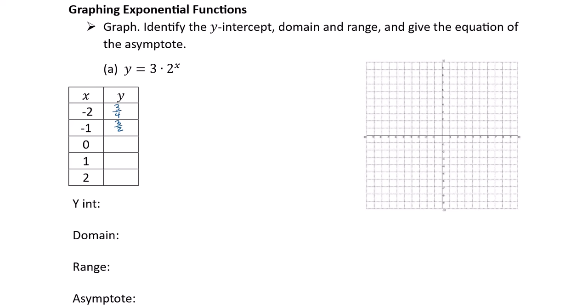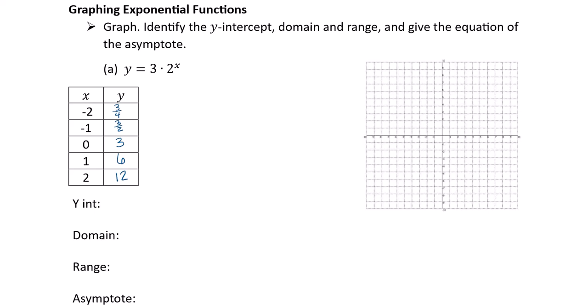If x is 0, 2 to the 0 is 1. 3 times 1 is 3. If x is 1, 2 to the 1 is 2, times 3 is 6. If x is 2, 2 squared is 4, times 3 is 12.